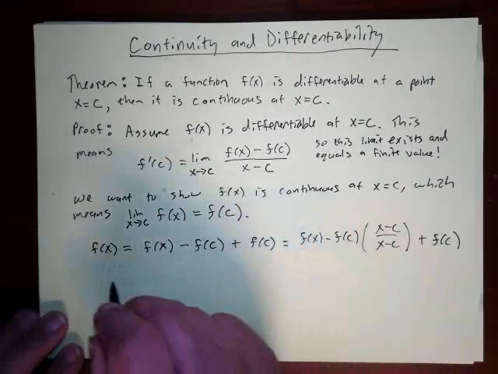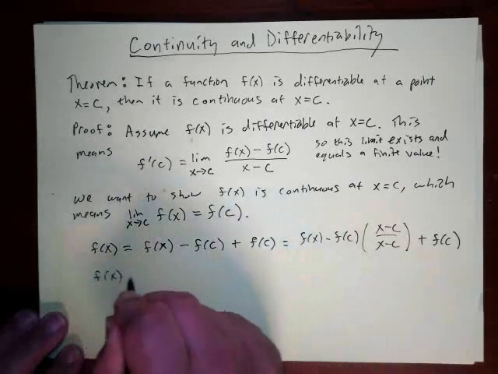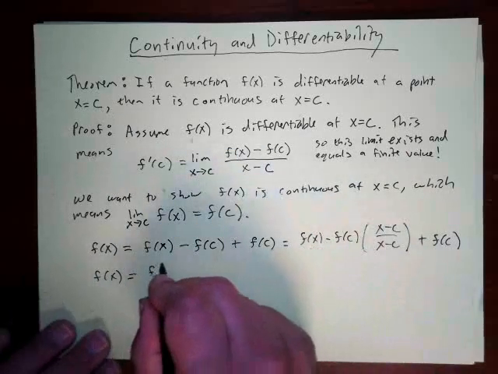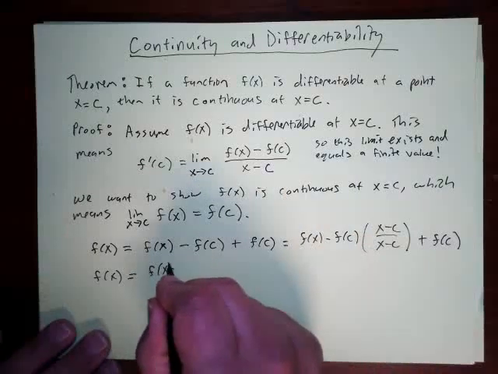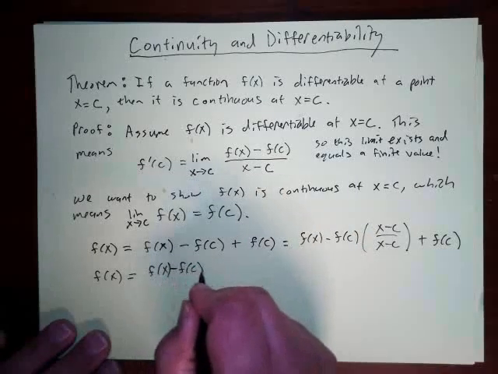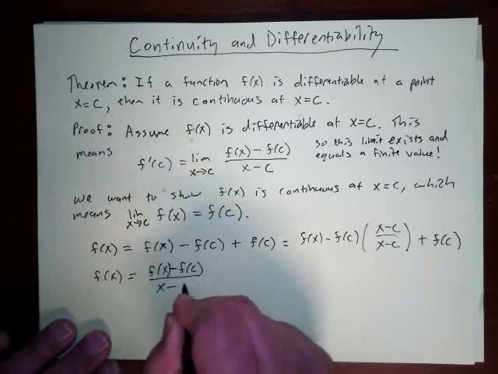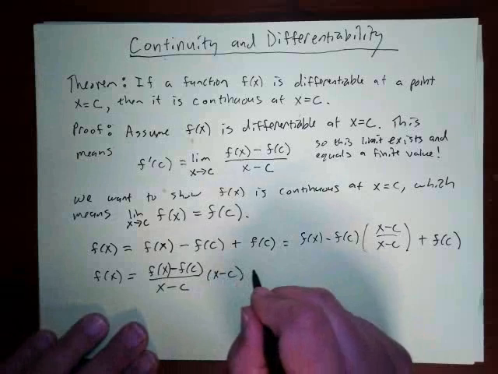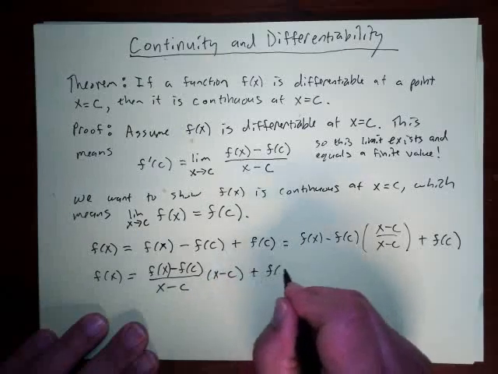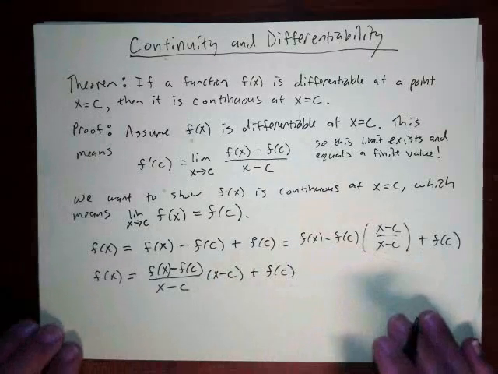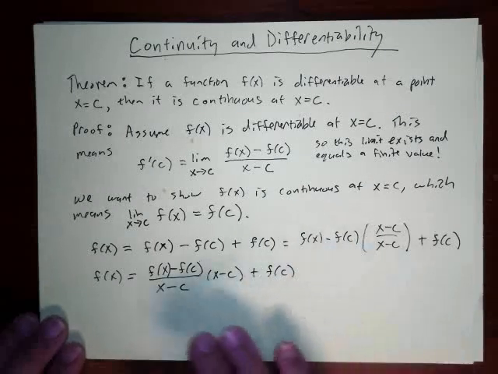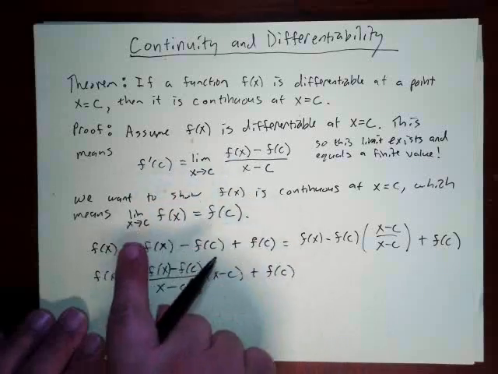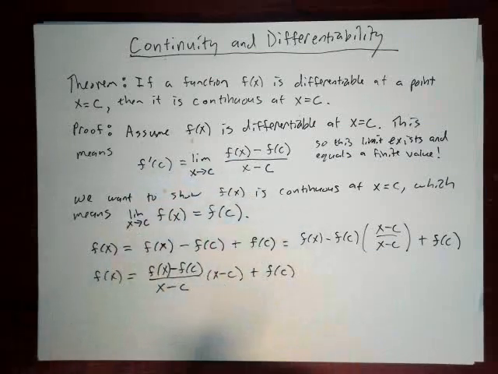Now I can rewrite f of x as f of x minus f of c over x minus c, times x minus c, plus f of c. So this is equal to that. Now I want to show the limit of f of x is equal to this.